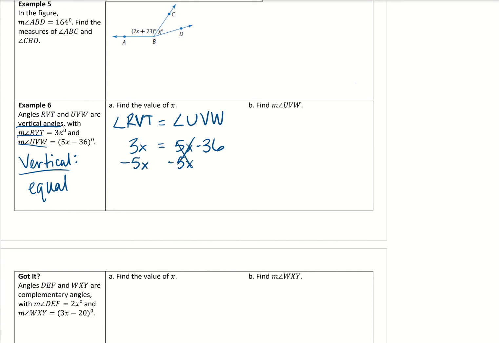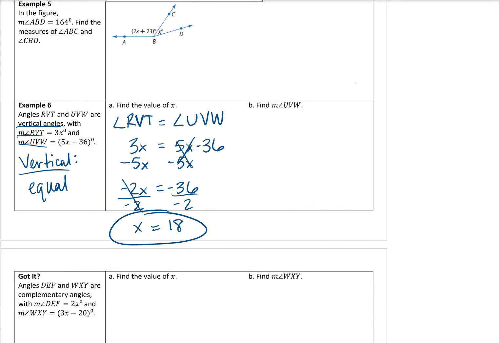That will give us negative 2x equals negative 36. Divide both sides by negative 2 in order to isolate x. So we'll get x equals positive 18, because a negative divided by a negative is a positive. So we found that x equals 18, so there's part 1. Real nice and easy, nothing out of the ordinary there.